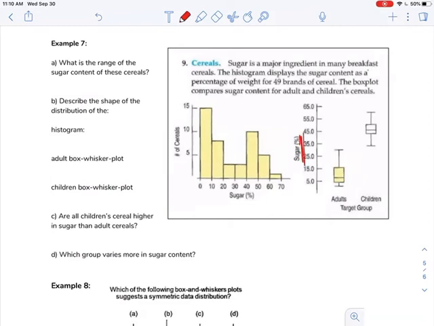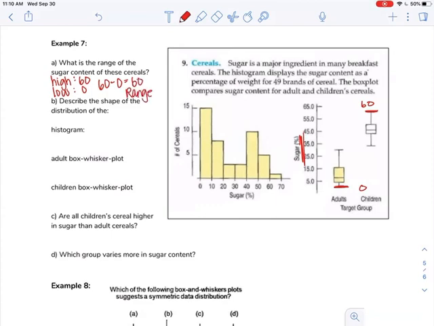I was looking at the cereal. So sugar content is about a high of 60 and a low of 0. If we're looking at the range, we just subtract. 60 minus 0 is 60, so our range is 60.